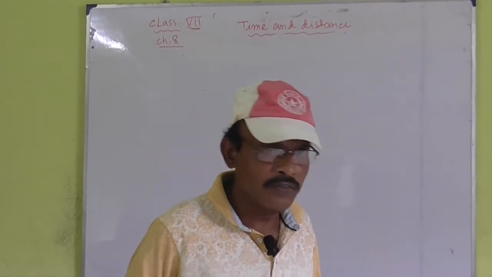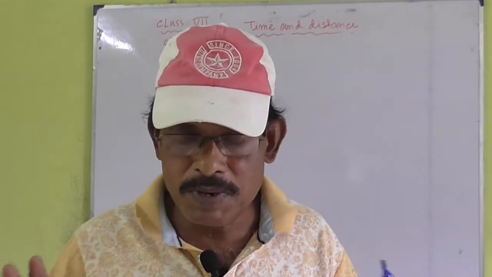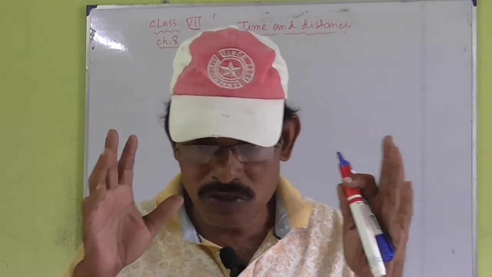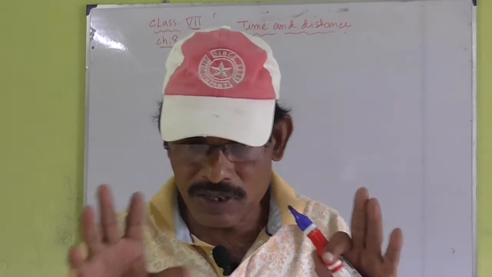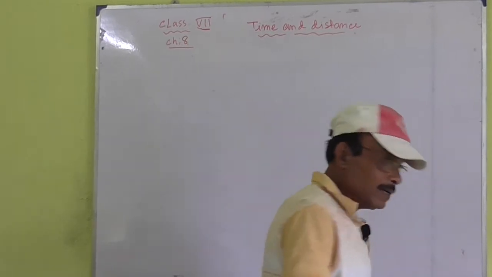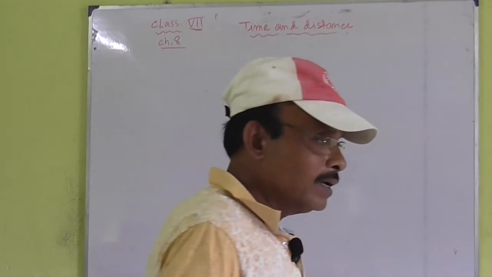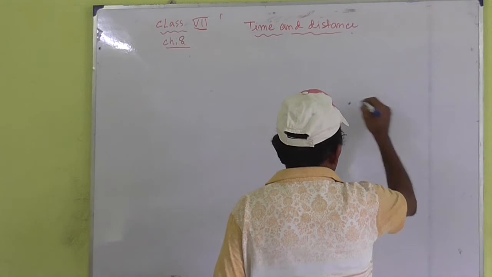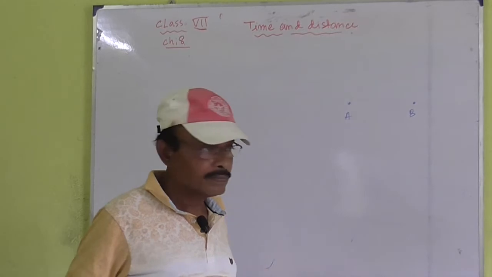Now, there is a confusion about the distance and displacement. In class 9 or 10, you must have studied the difference between distance and displacement. The total path covered by the particle is called the distance. Here A and B are the 2 points.